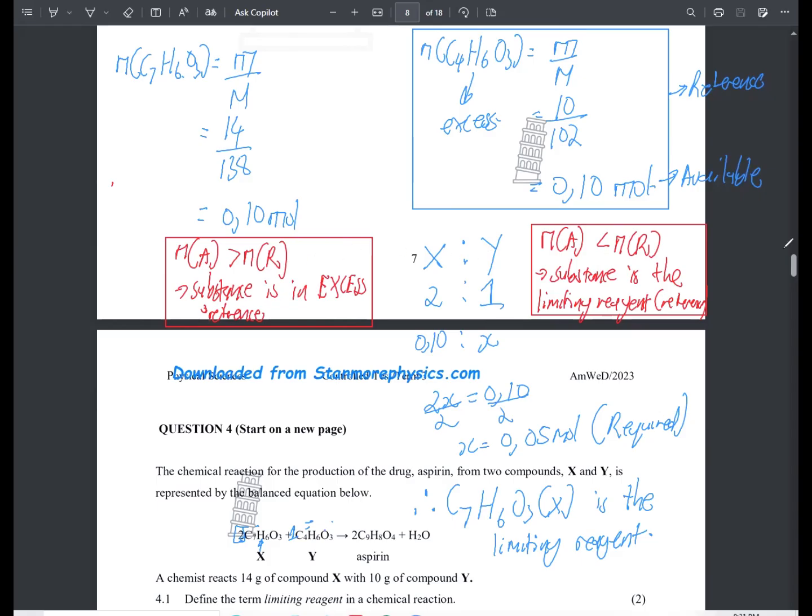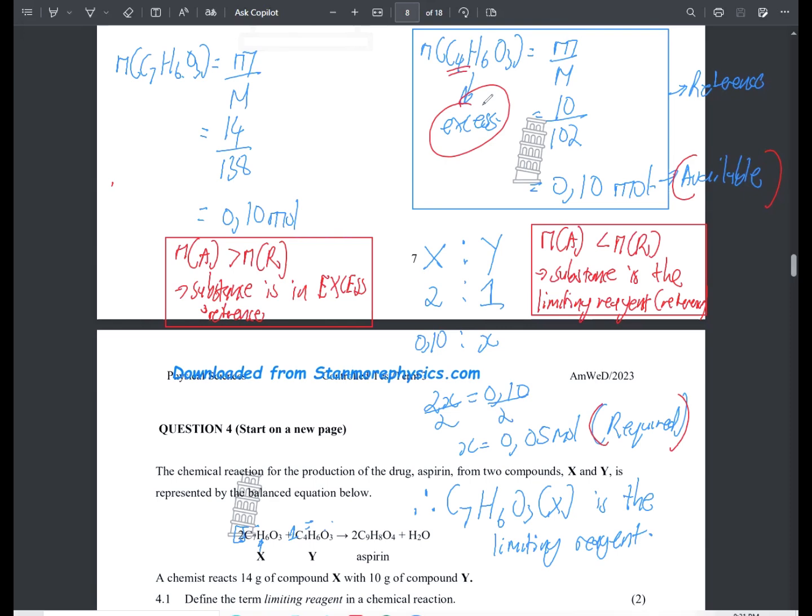So note, these are your conclusions here. This is how you decide which one is the limiting reagent, which one is the excess reagent. Because now the available was greater than the required, we said this one that we made the reference has to be in excess, which means if this is in excess, then it goes without saying that the other one is the limiting reagent. Because remember, in a reaction, you always have one excess reagent and one limiting reagent.